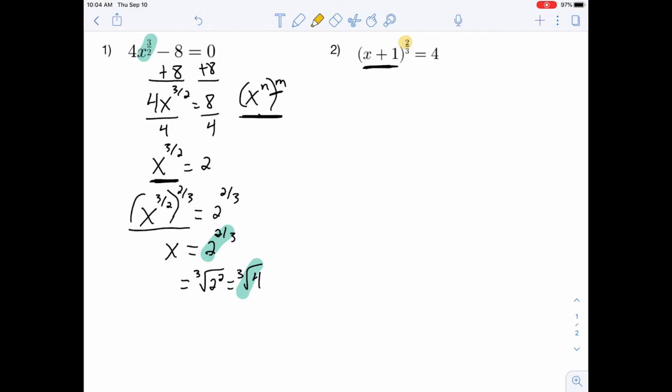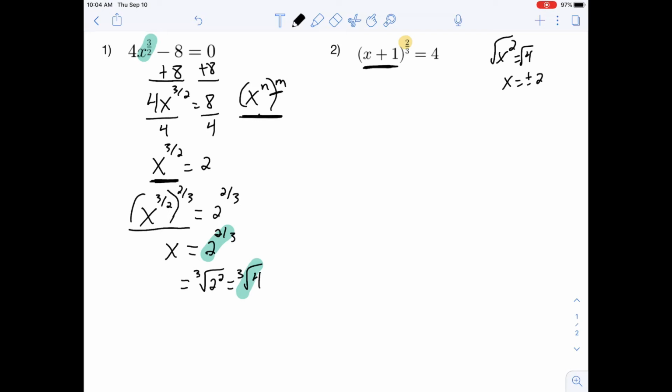Now remember that when you're solving something like x squared is equal to 4, you take the square root of both sides, and when you do that, you have to add a plus or minus. So if the numerator of the exponent is even, when we raise both sides to the reciprocal power, we have to add a plus or minus.